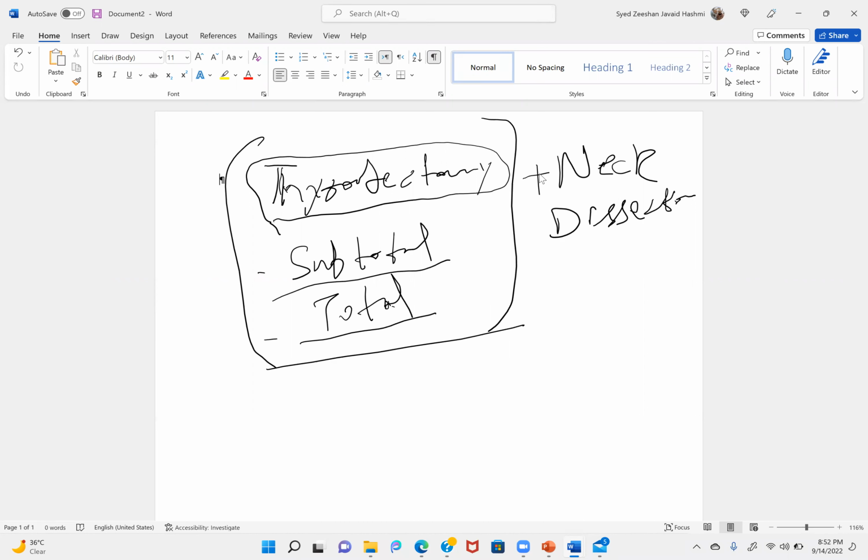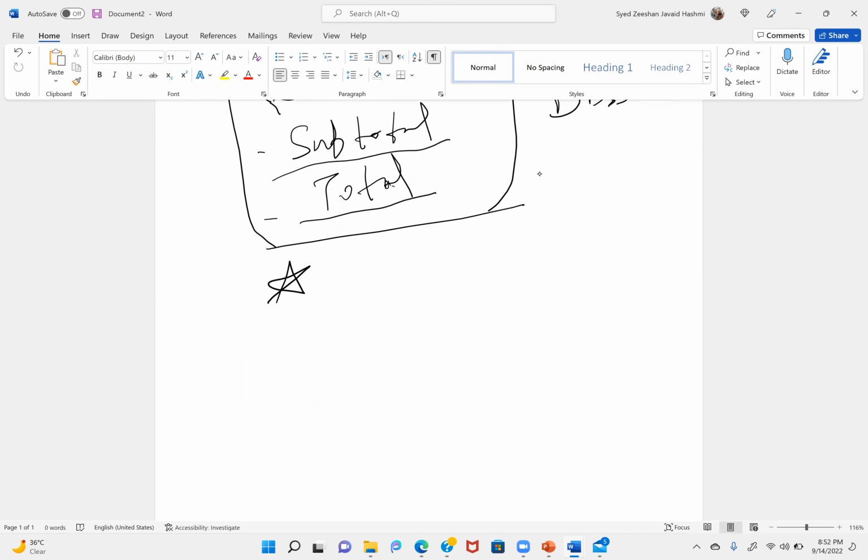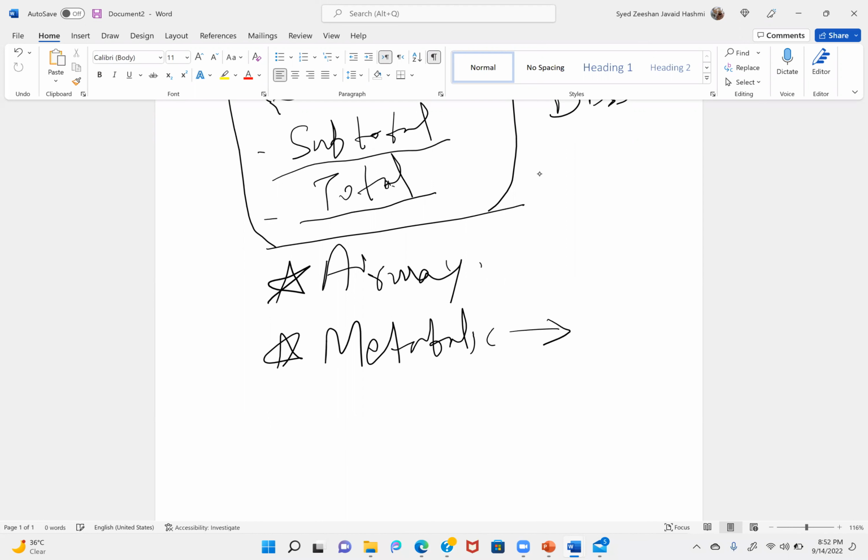So what will be the challenges in a patient undergoing thyroidectomy? First thing will be airway. The metabolic problem, whether it is hyper or hypo. What else? Please come on.